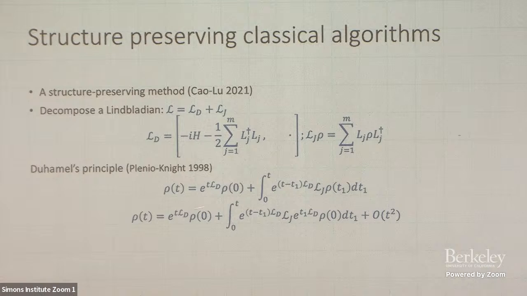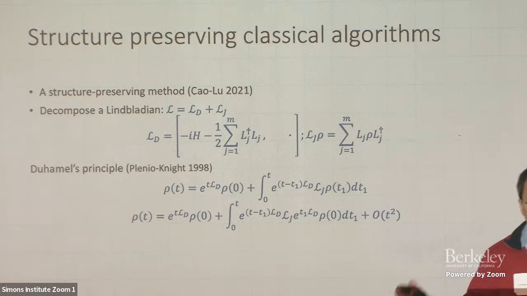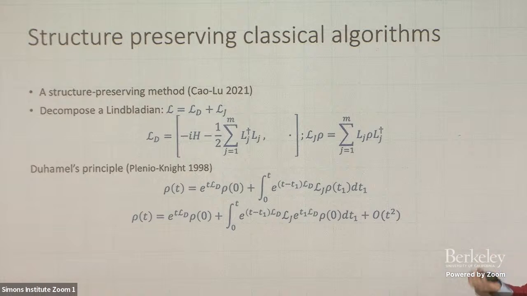And because of this particular form, when it's applied to a density operator, it also gives you something that's like a rho sandwiched between one operator and its adjoint. And therefore, in the end, you're getting a Kraus form approximation, which preserves the CP property, because composition of CP maps is also CP.